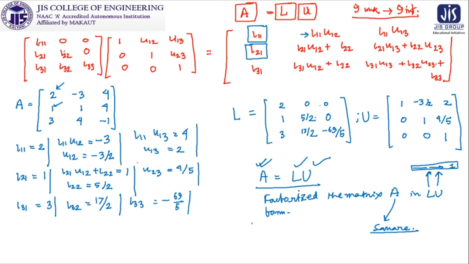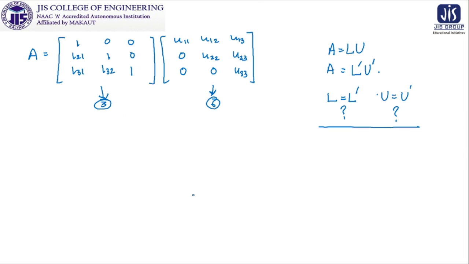We get L11 is equal to 2, L22 is equal to 5 by 2, and L33 is equal to minus 69 by 5. Look at this, they are not going to appear over here. So is there any case or is there any condition such that it may happen? This is my first question to you. It is obviously a brainstorming thing.